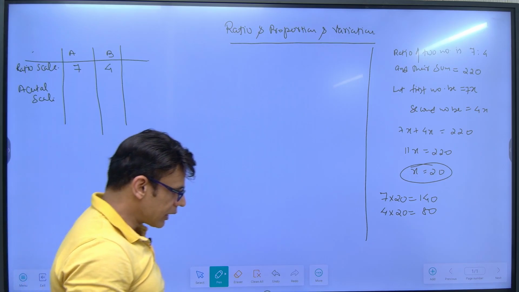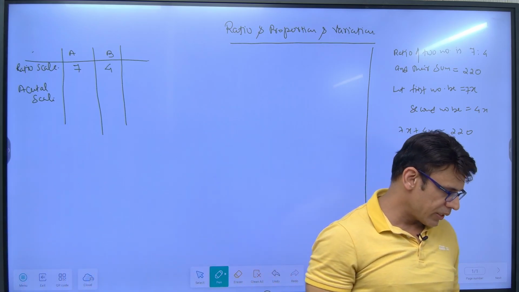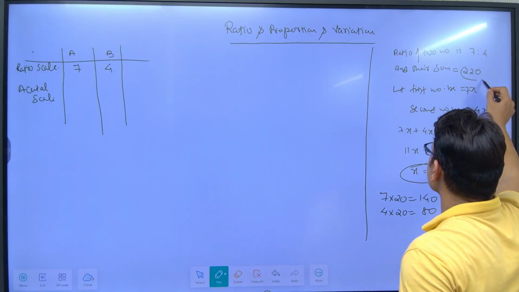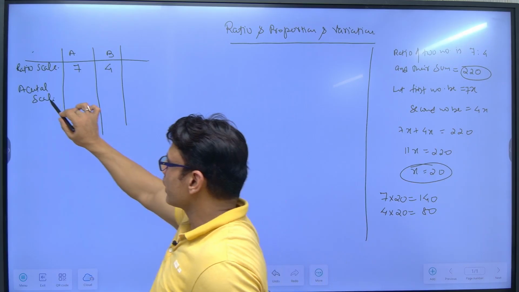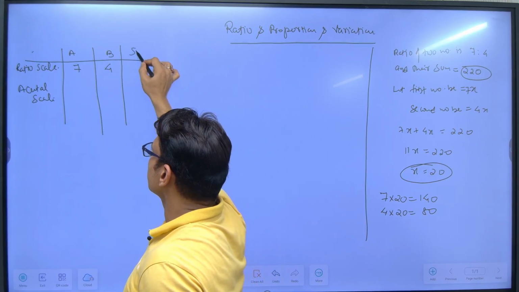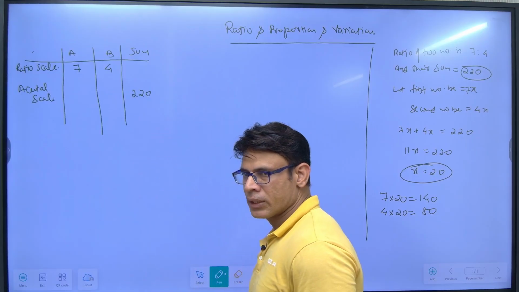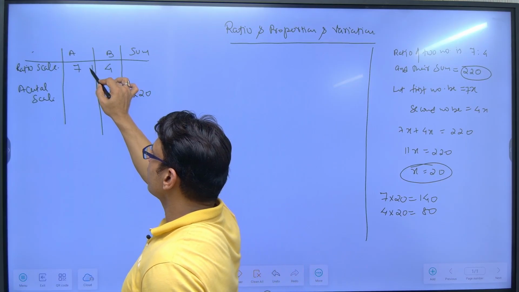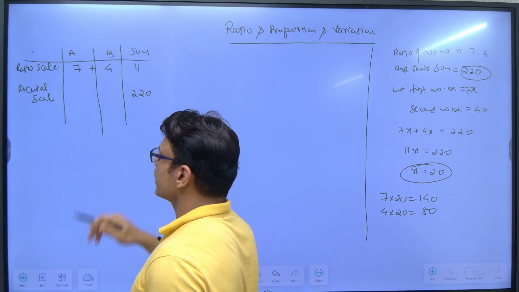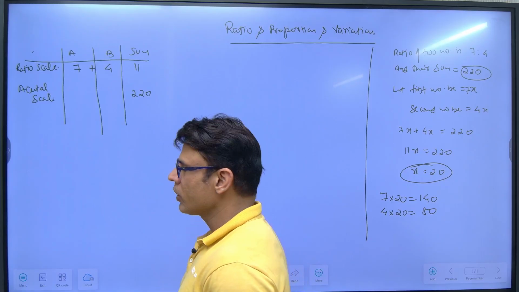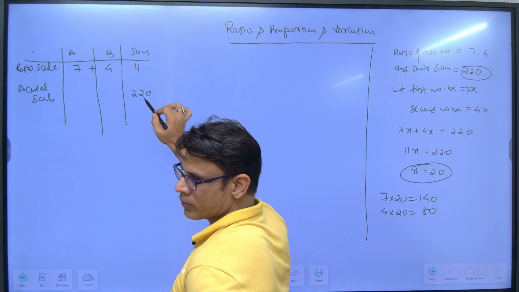And on actual scale, their sum is given as 220, right? So on ratio scale, when you add these two numbers, it is equal to 11. So on ratio scale, their sum is 11. On actual scale, their sum is 220.